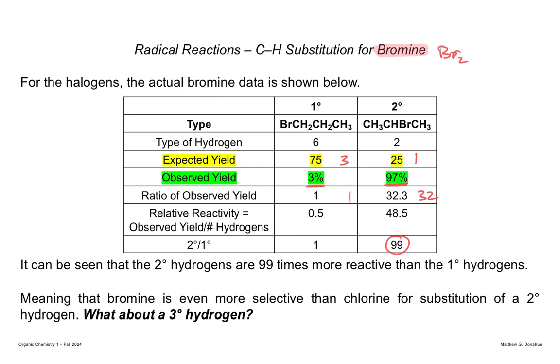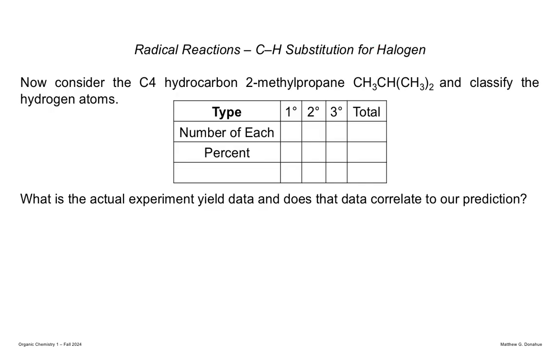And this slide asks, now what about a tertiary hydrogen? So for that, we have to switch the molecule so that we have one with a tertiary hydrogen. The substrate that we'll look at is 2-methylpropane. So we do the same analysis.